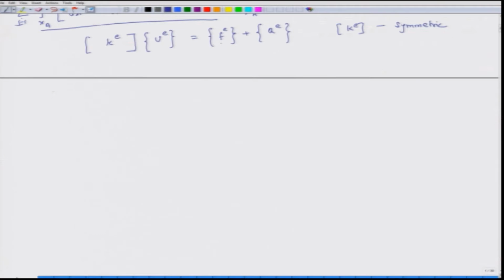Those are the transformations we will do, and using those transformations, we will find out the members of the K matrix. So, we are going to integrate using local coordinate systems.